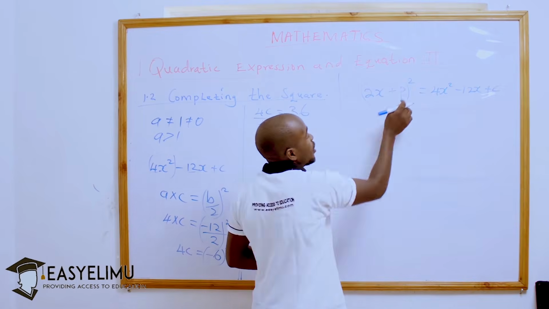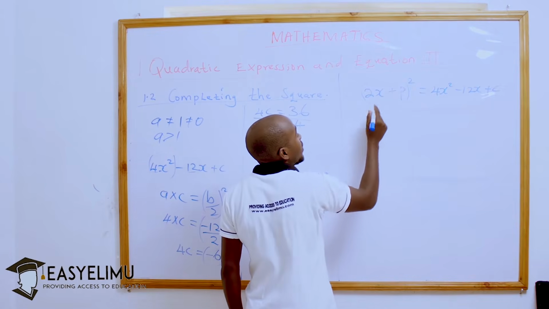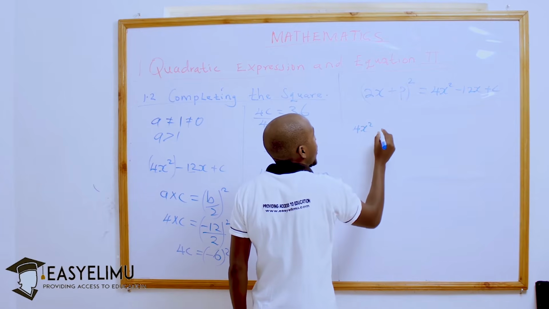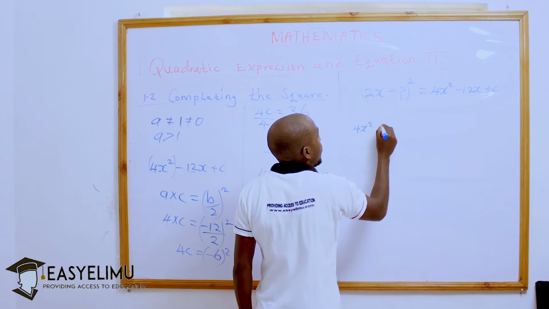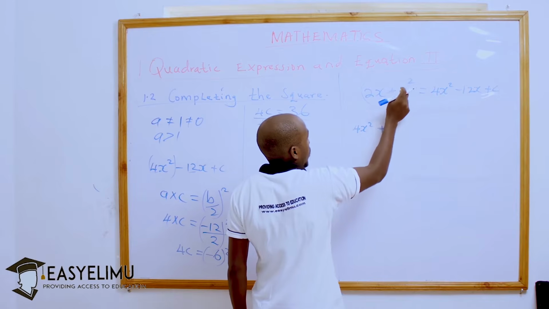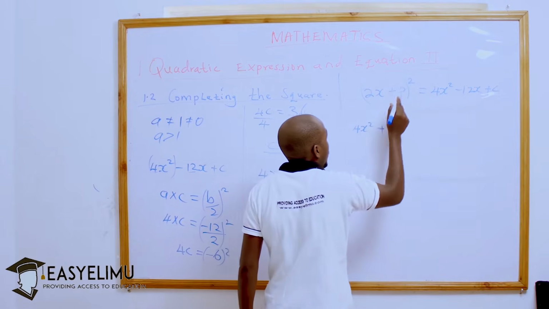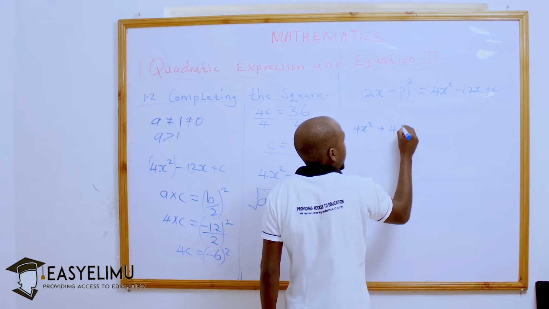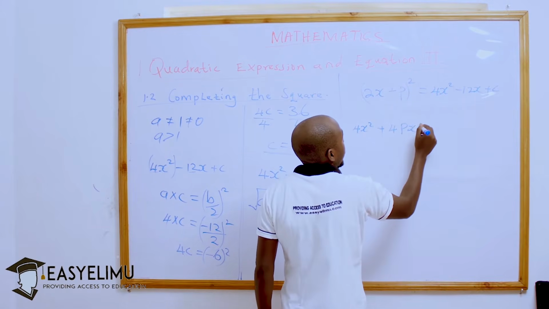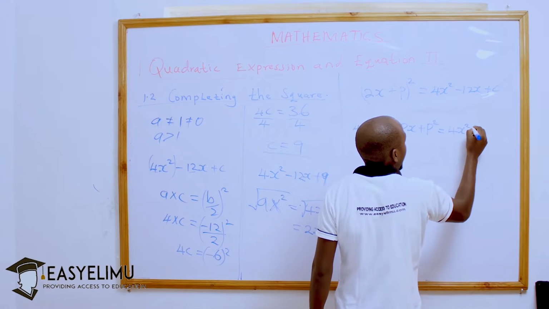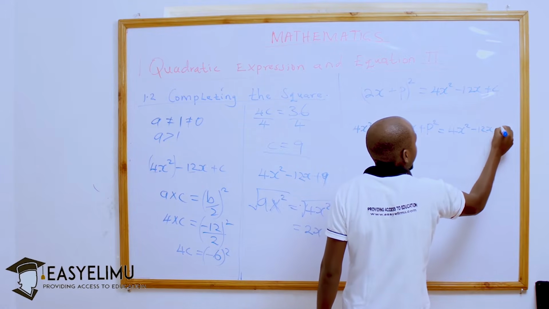Then let's see what we find here: if you square, you're going to get 4x squared, and then the other one is going to give you plus 2 times 2x times p, you're going to get 4px. Then the other one here will be p squared. And then this one is equivalent to 4x squared minus 12x plus c.